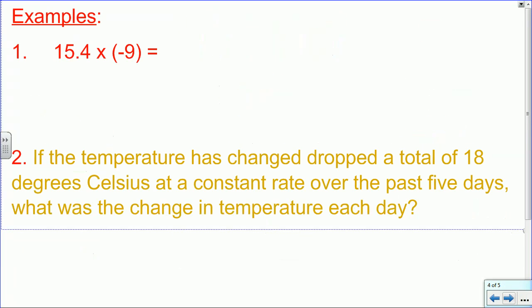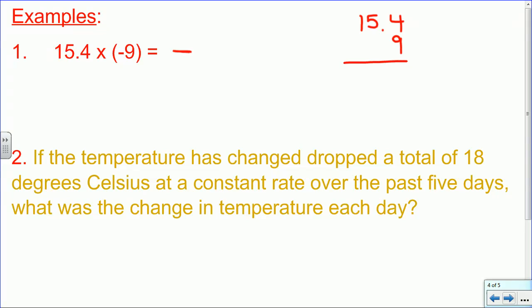Let's look at some examples. Number 1 is 15 and 4/10 times negative 9. We first have to think about what the sign of our answer is. The signs are different: we have a positive 15 and 4/10 and a negative 9. If the signs are different, the answer is negative. Let's do this multiplication: 15.4 times 9. 9 times 4 is 36. 9 times 5 is 45, plus 3 is 48. 9 times 1 is 9, plus 4 is 13.